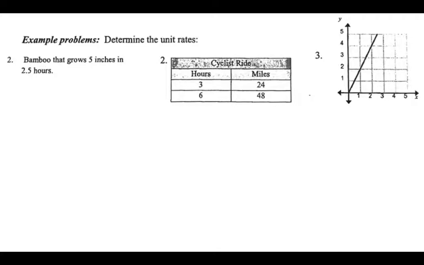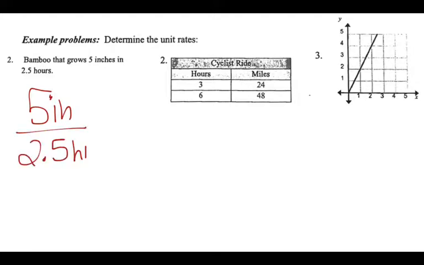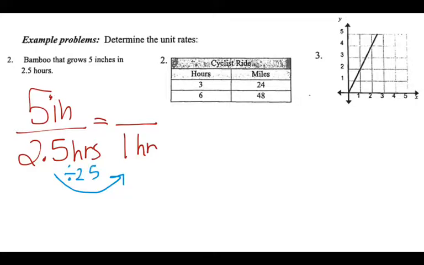So example problems. Determine the unit rates. Bamboo that grows 5 inches in 2.5 hours. I want to know how much does it grow in 1 hour. Okay, now this is a little trickier because we have decimals. The way we would handle this with decimals would be, for me to get 2.5 to become 1, I need to divide by 2.5.